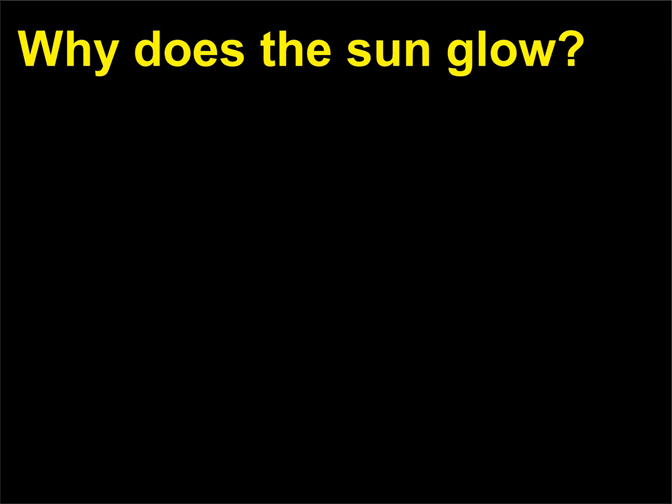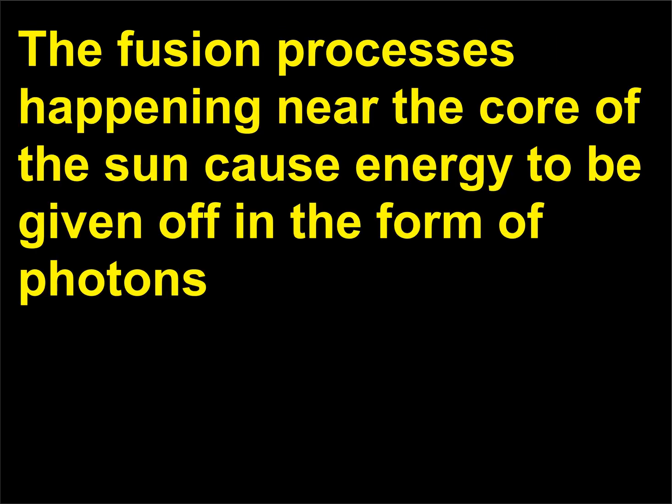Why does the sun glow? The fusion processes happening near the core of the sun cause energy to be given off in the form of photons. See Physical and Theoretical Chemistry.